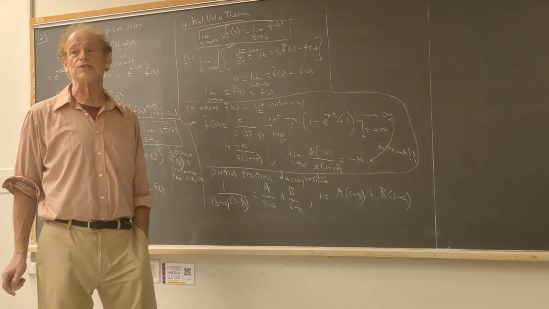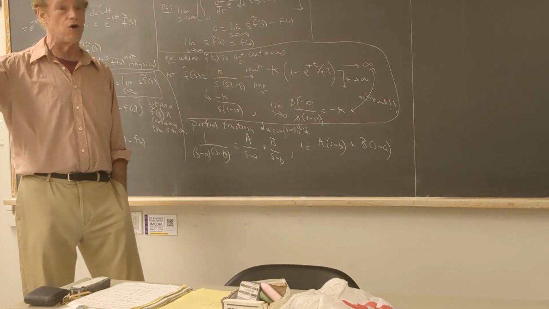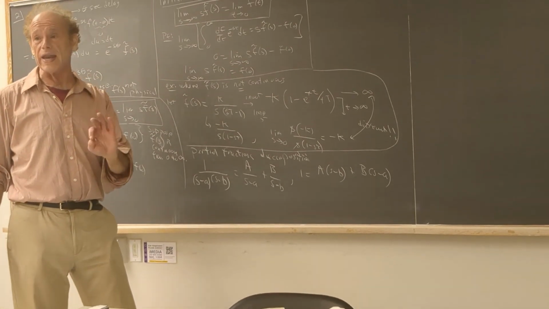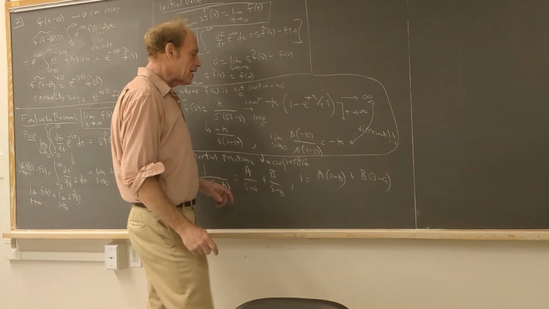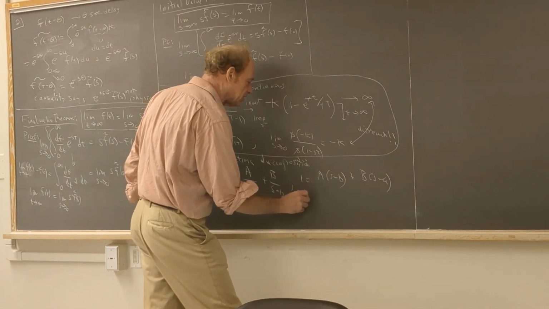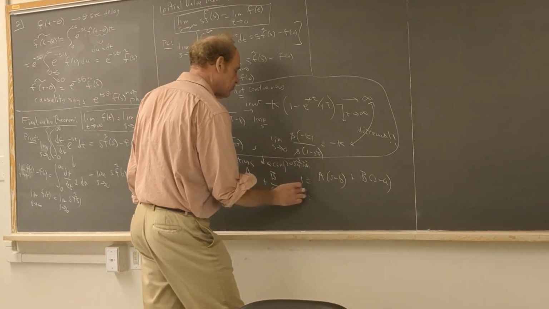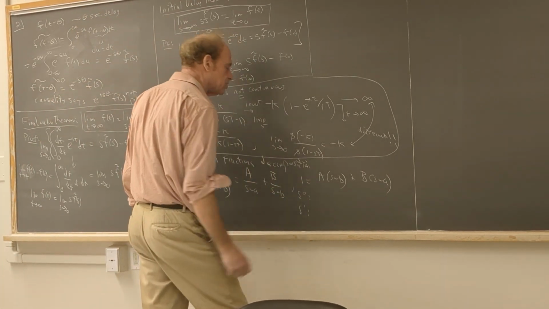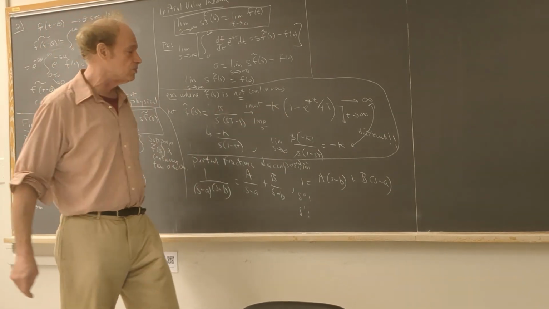And if this is going to be true, not just for one s, but for all s's, I want this true for all s's. If it were true for one s, I couldn't do this. But if I want it to be true for all s's, the coefficient of s to the 0 on both sides of the equation has to be the same, and the coefficient of s to the first on both sides of the equation has to be the same. And if I had a quadratic, it would be s to the second as well.